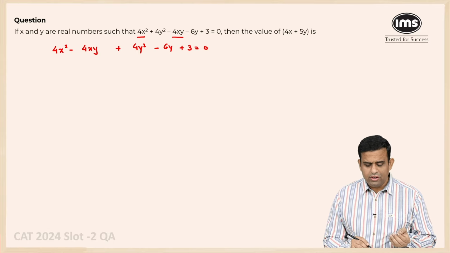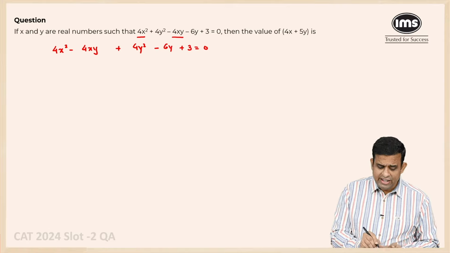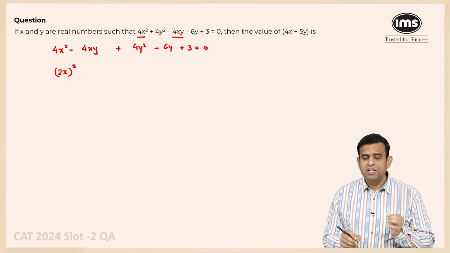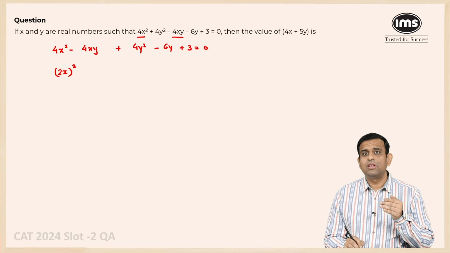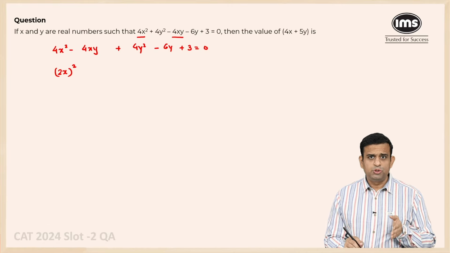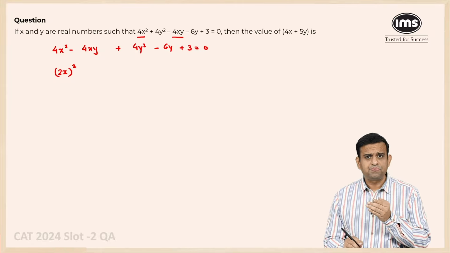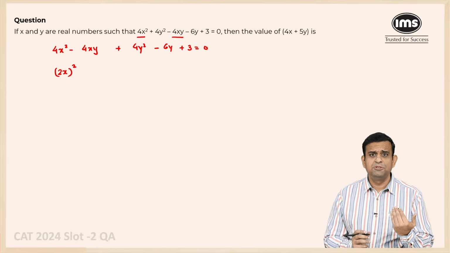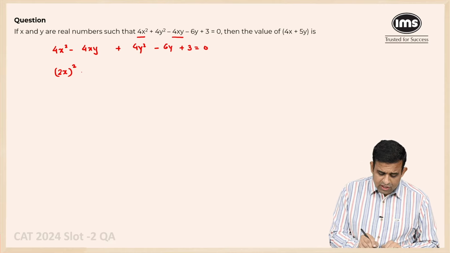Now think about the term 4x square, I can rewrite it as 2x whole square. So at this point I will think on the lines of a plus b whole square or a minus b whole square, which is a square plus b square plus 2ab or minus 2ab, depending on whether I'm thinking of a plus b whole square or a minus b whole square.